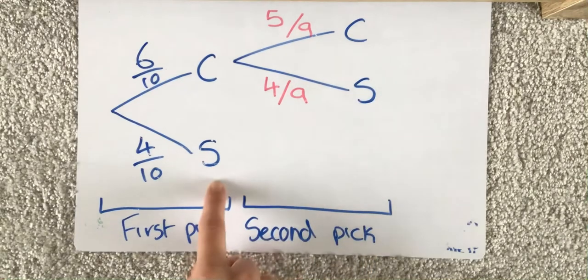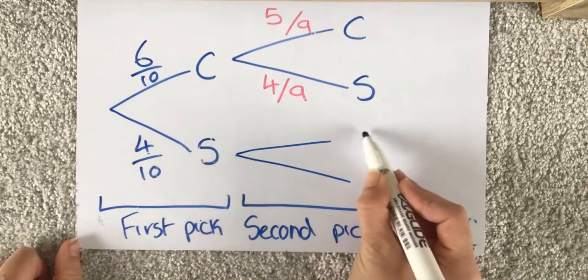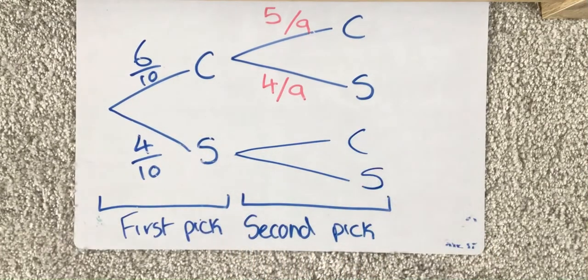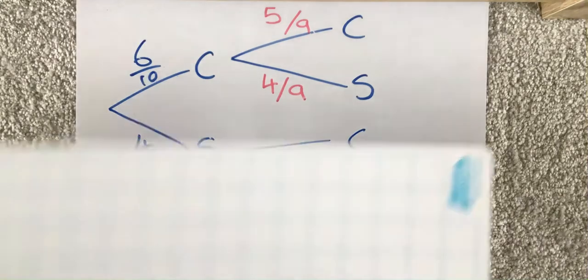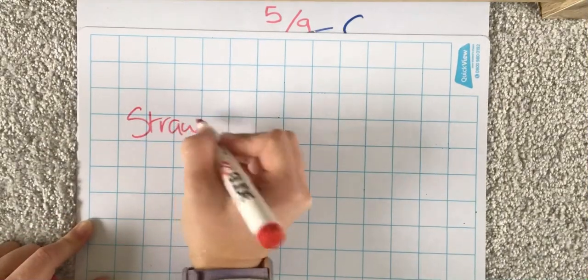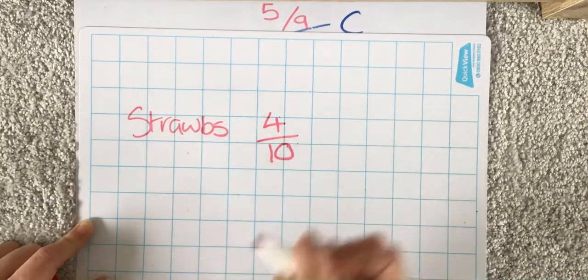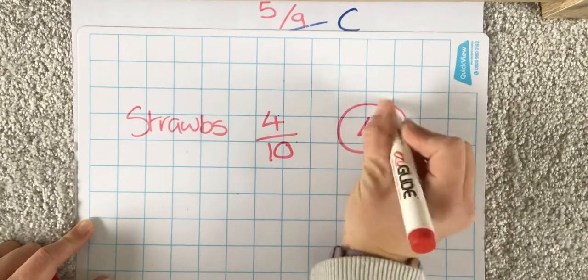Now, if we have a look at the other option, imagine I picked a strawberry instead. So I started off with my strawberries, and we said that we had 4 out of 10, so I have 4 strawberries altogether.